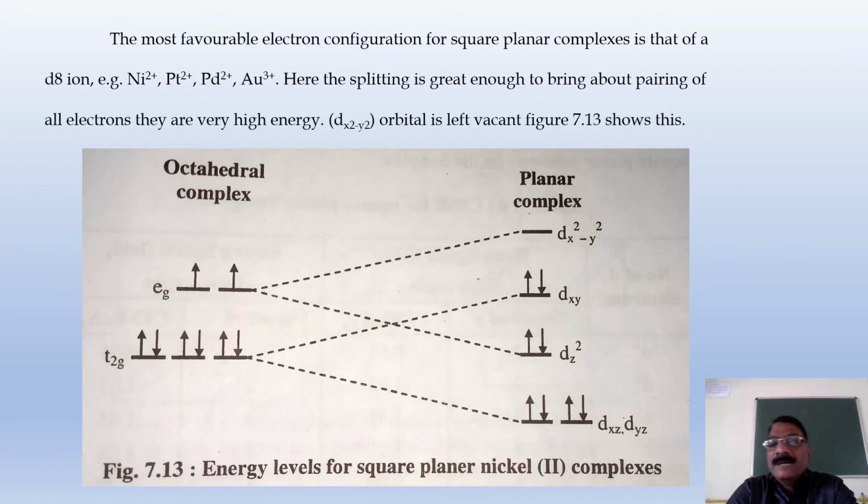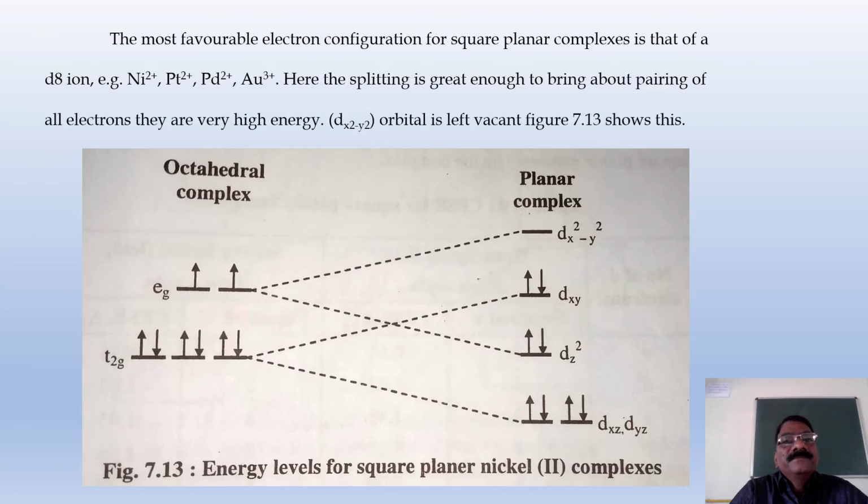Thus the electrons after splitting enter as 4 electrons in two orbitals, dxz and dyz, 2 electrons in dz square, and the remaining 2 electrons in dxy, while dx square minus y square remains vacant.